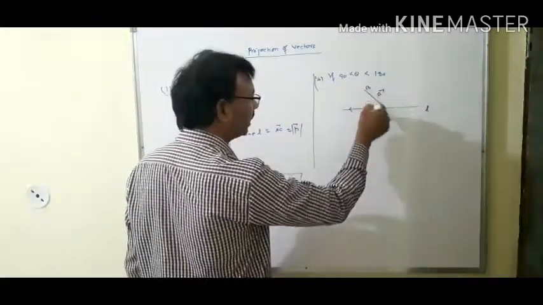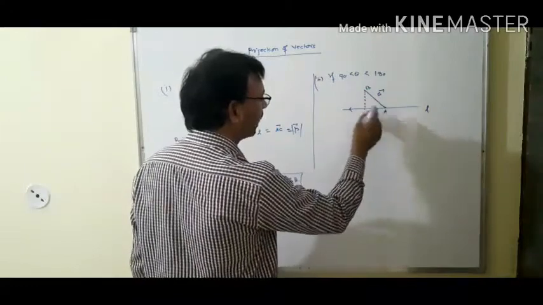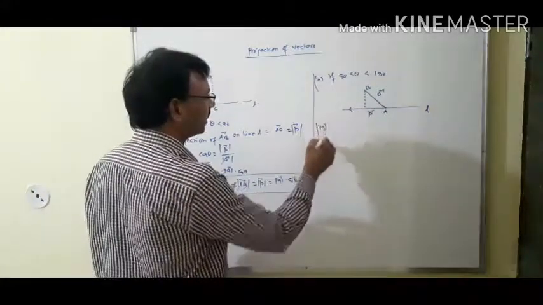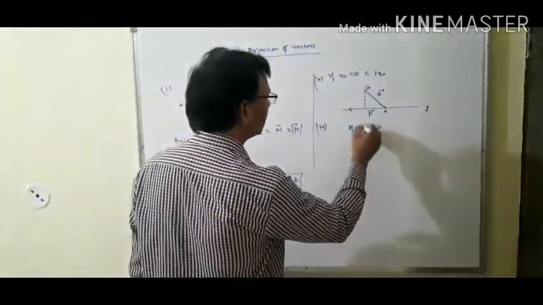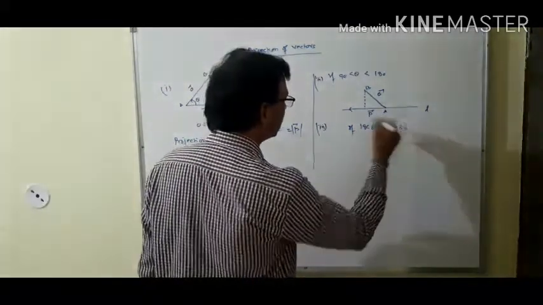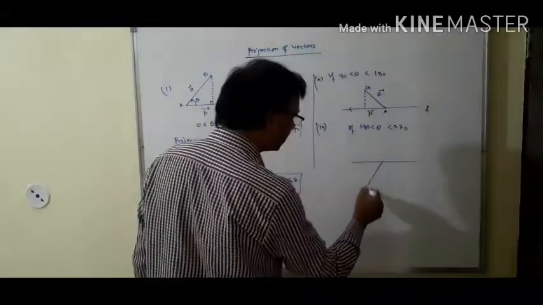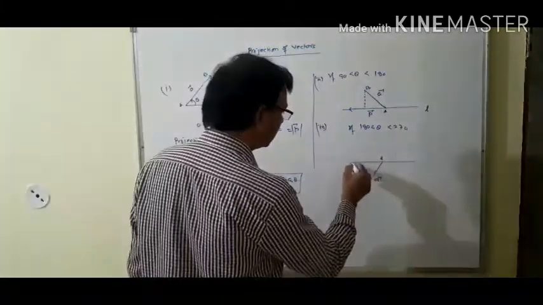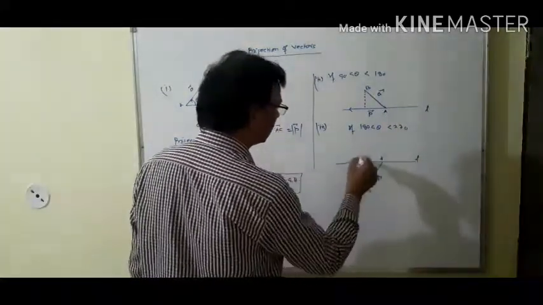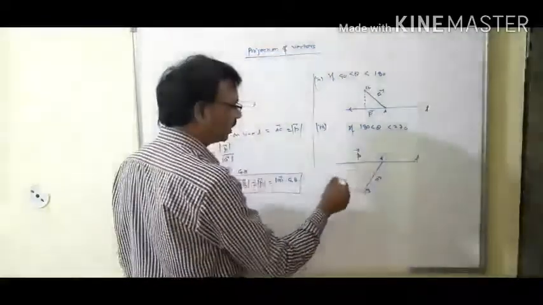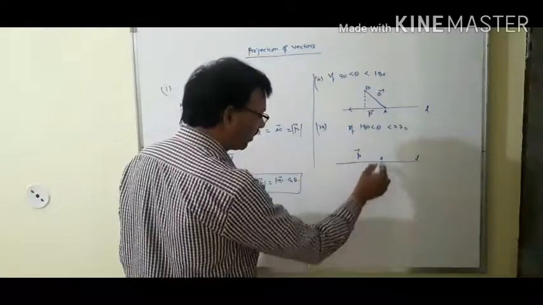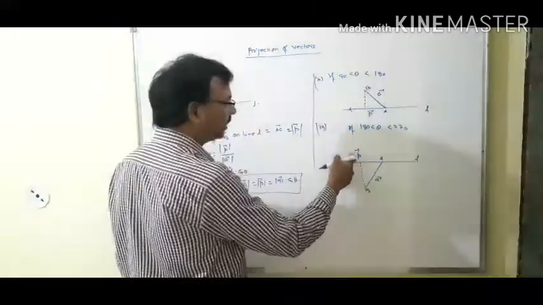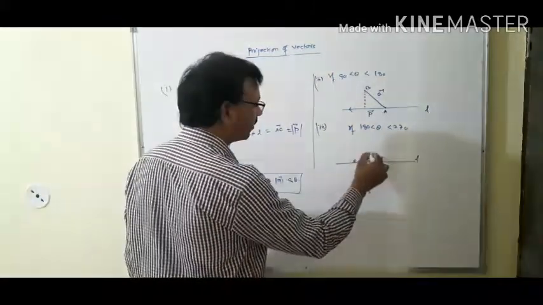Then projection of AB on L line will be P. In third situation, if theta is greater than 180 but less than 270, then this will be like this, AB, denoted by vector A, and this is the L line, and this vector denoted by P. Then projection of AB on L line will be AC, which will be equal to vector P.